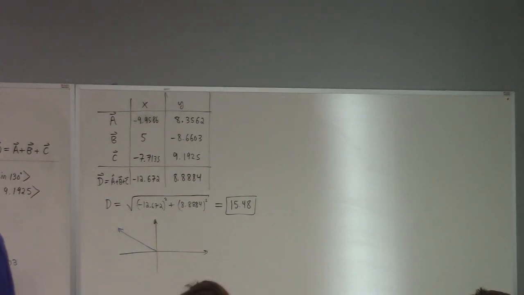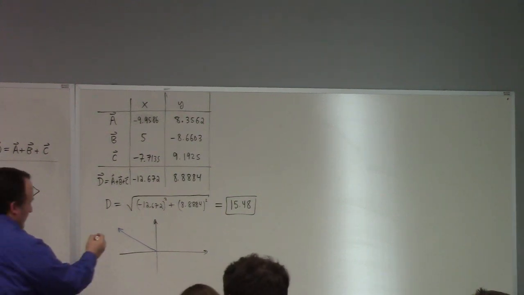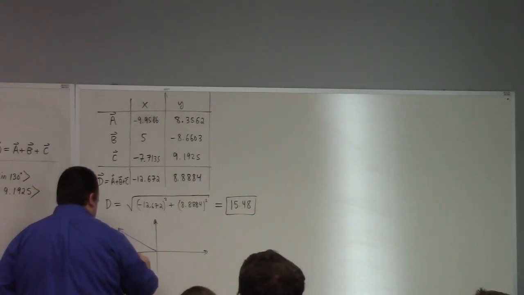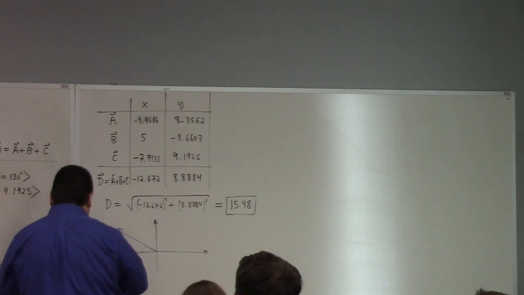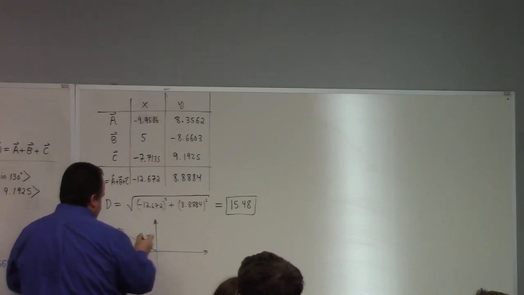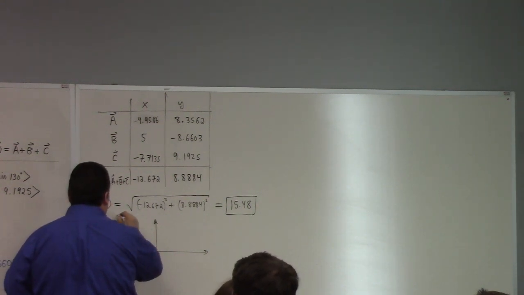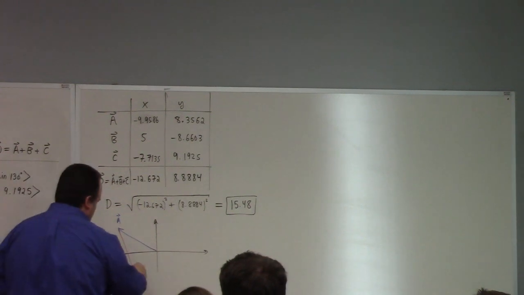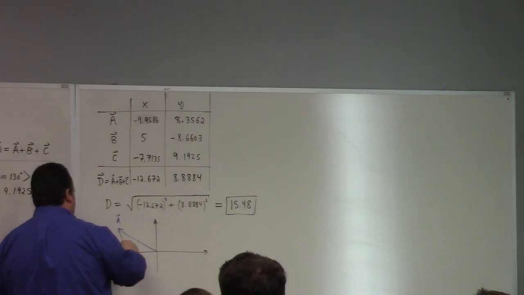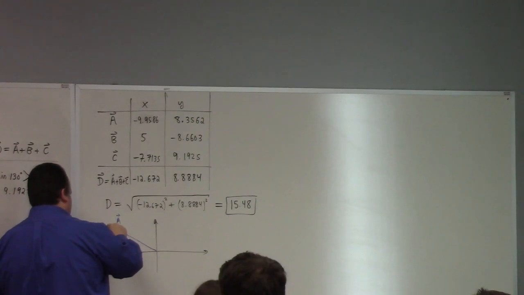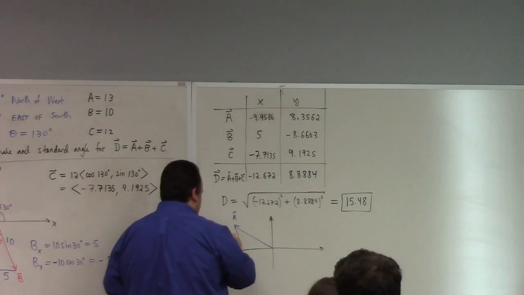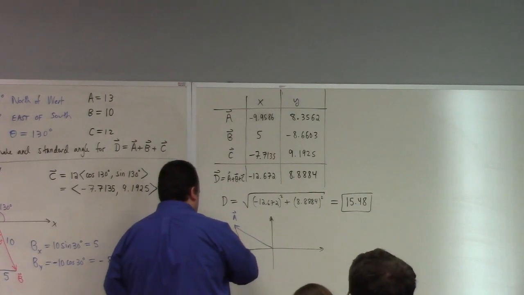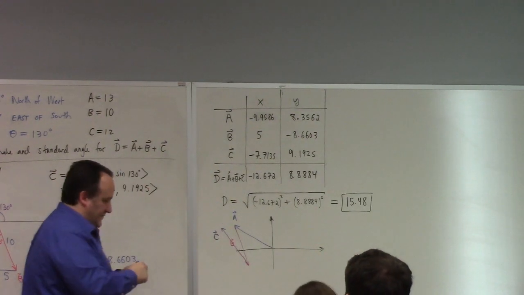And then if we draw B tip to tail, then B goes down like this, right? And then what does C do? C goes up like that. So poor me, I put the B label exactly in the wrong place, right? Oh well. So that's what's going on.